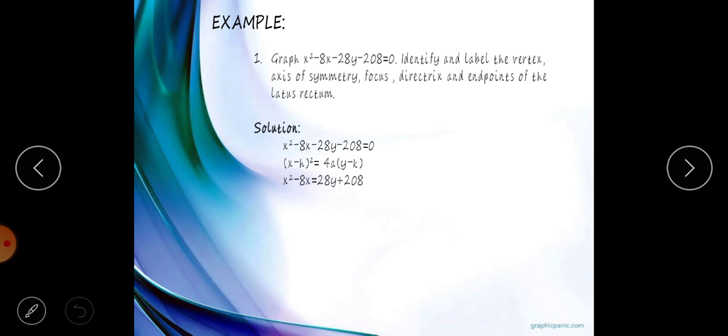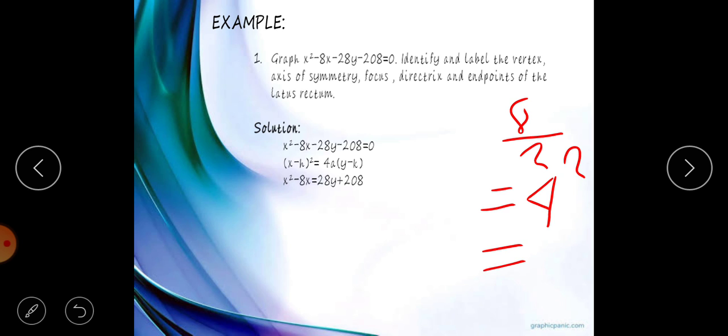To know what value we're going to add to this equation to make it a perfect square, we divide 8 by 2, so it's equal to 4. And then square 4, so we will add 16 to both sides. So it will become this.